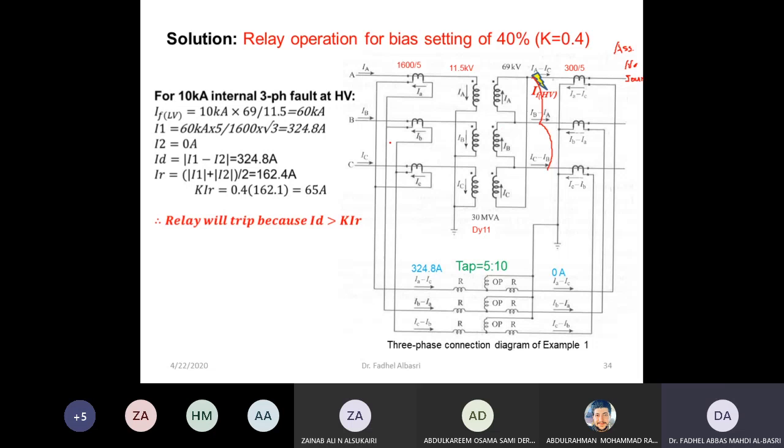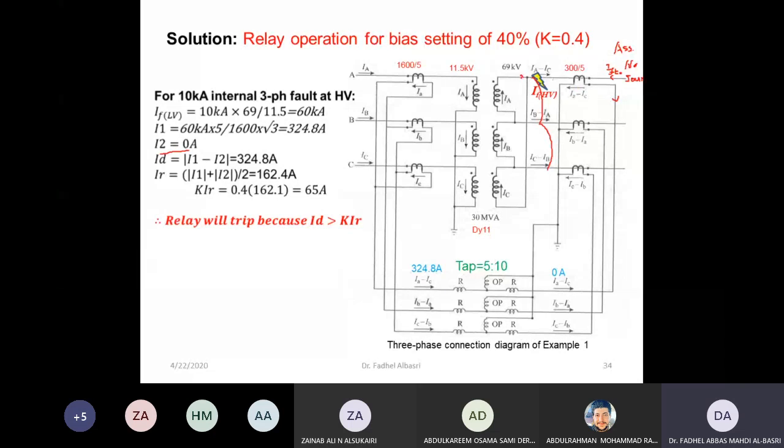So under this condition, what will be this current here? The I that comes from this side is 0, and because of this, I2 becomes 0, because I fault at HV is equal to 0 at this side.